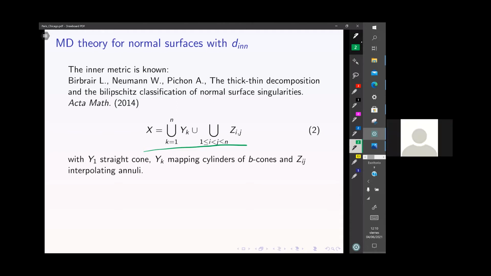Mm-hmm. Then it's clear that the estimate exists, but is this estimate polynomial or exponential? You could start from the complexity of the resolution graph in terms of the degree, since the thin-thick decomposition is somehow constructed by the resolution graph with some additional information, right?